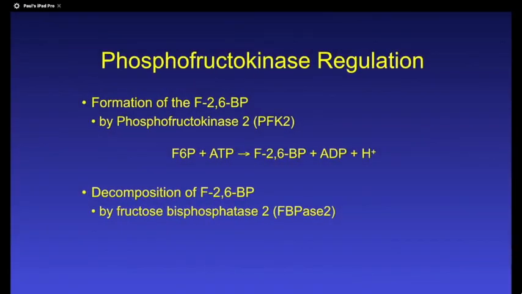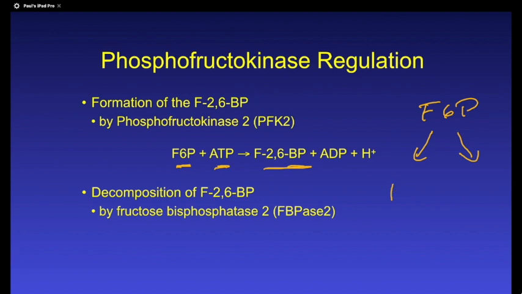Where this is formed comes from the glycolytic intermediate fructose 6-phosphate. Okay? It will react with ATP to make the 2,6 version, and that is done by an enzyme called phosphofructokinase version 2. And so, fructose 6-phosphate has two pathways.